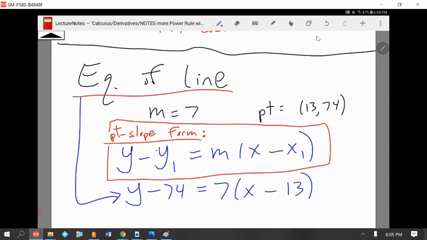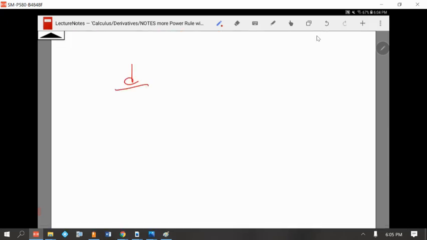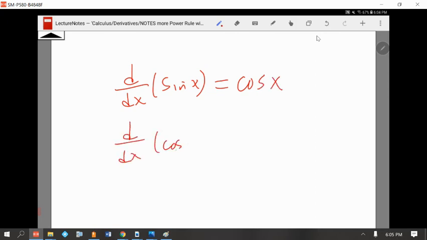The other thing I forgot to mention a minute ago is: the derivative of sine is cosine. What's the derivative of cosine x with respect to x? It's negative sine.